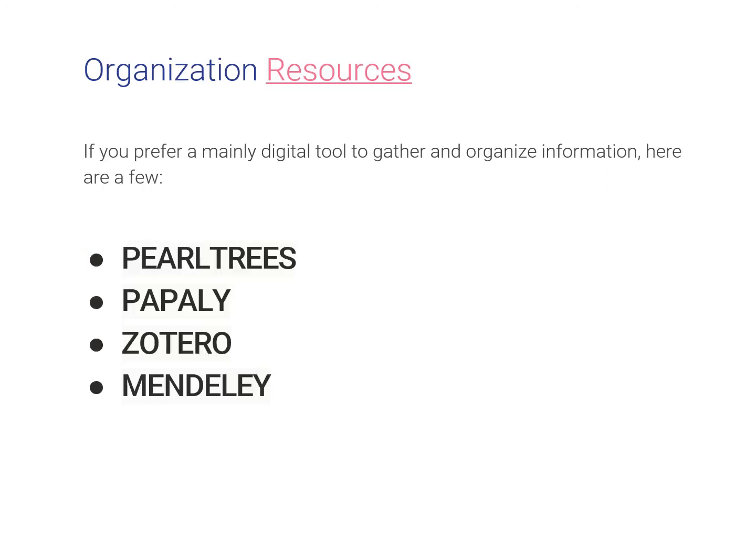Okay, finally, I've given you a paper way to organize your research through the double entry journal. You're doing some highlights on paper. Many of you are, though, really happy with the digital realm. So if that's who you are, then I found you some organization resources that are pretty popular with researchers, people getting their PhDs, upperclassmen. So here are 4 that I found for you. We have Pearl Trees, Papaly, Zotero, and Mendeley.